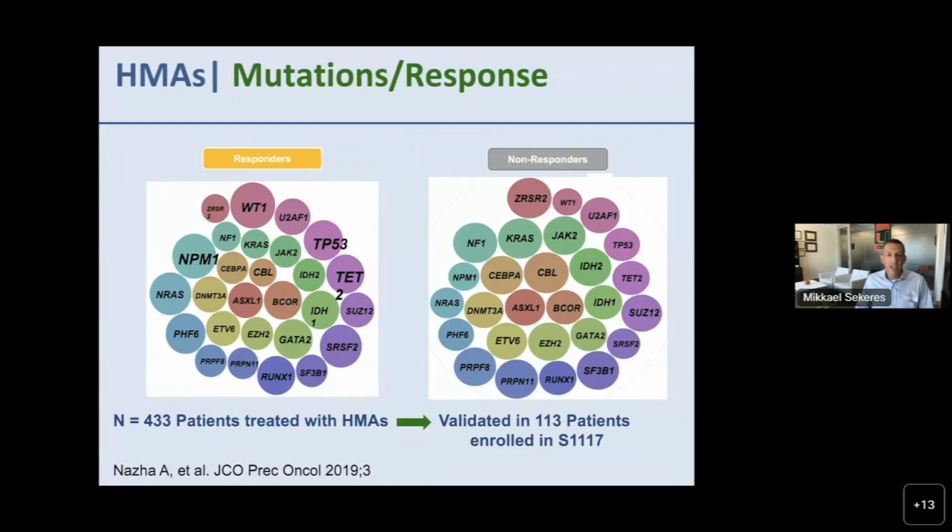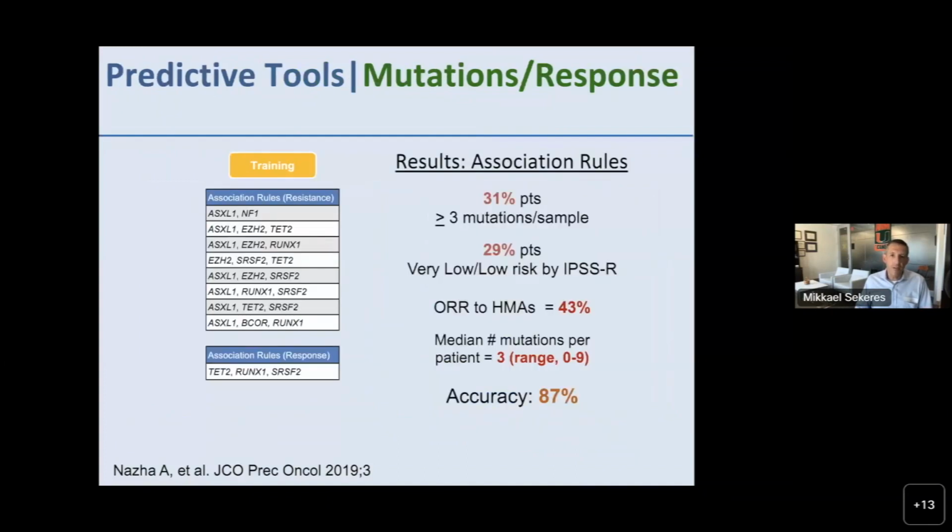In this study, you can see on the left of the slide are mutations that were seen in responders, and the relative size of those bubbles is the relative representation of those mutations in responders. On the right are the mutations that were seen in patients who didn't respond to hypomethylating agents. About 1/3 of patients had 3 or more mutations, and the overall response rate to hypomethylating agents in the entire cohort was about 43%.